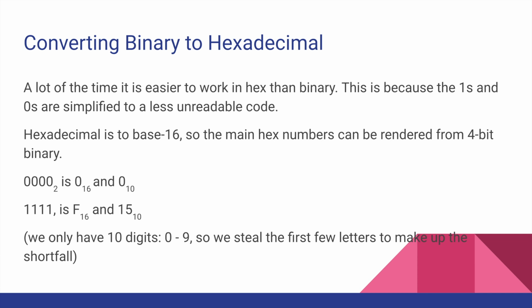But 1111, the highest single integer hexadecimal value, is F in hex, and you'll notice it's 15 in decimal. So we've stolen the first 6 letters of the English alphabet to get around the fact that we only have 10 digits in Arabic, and we've got to get to the 15th individual digit before we get to double digits. It's confusing. 0 through 9, then A through F.